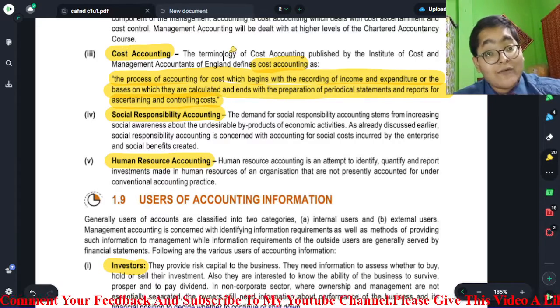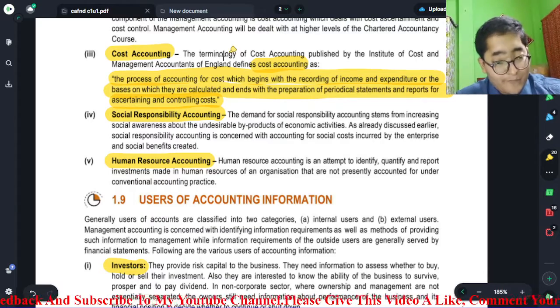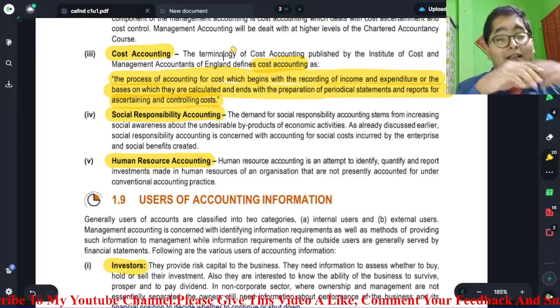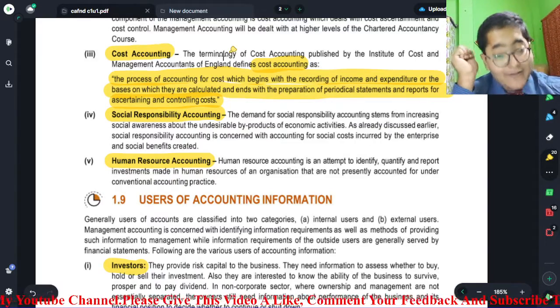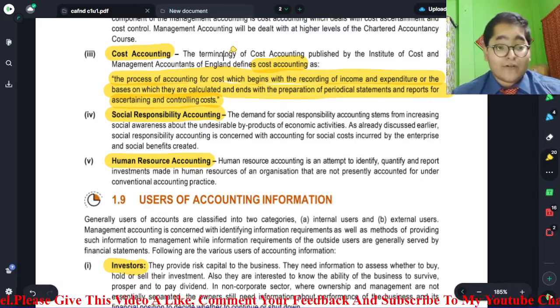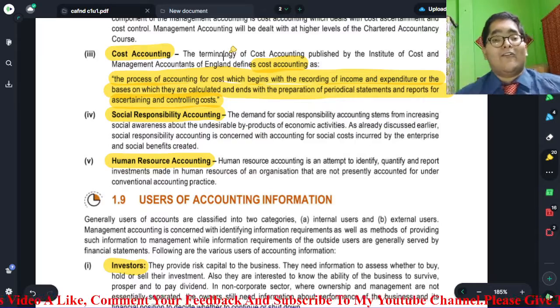So cost accounting results in ascertaining and controlling of costs. The costs incurred by a firm should be ascertained and controlled. This is the purpose of cost accounting, a subfield of accounting.